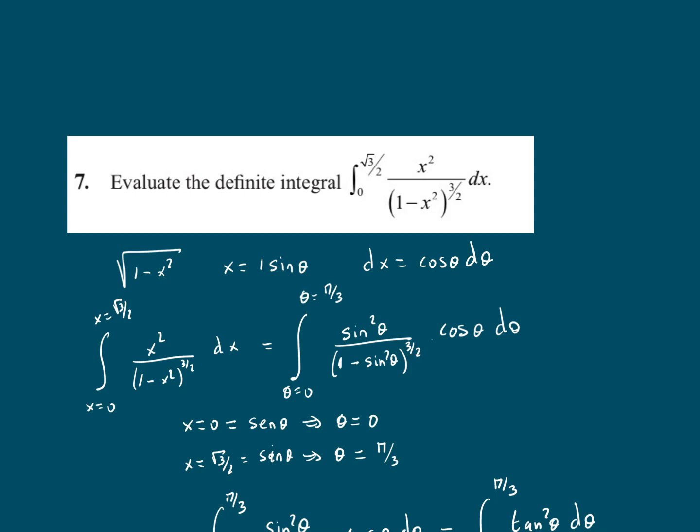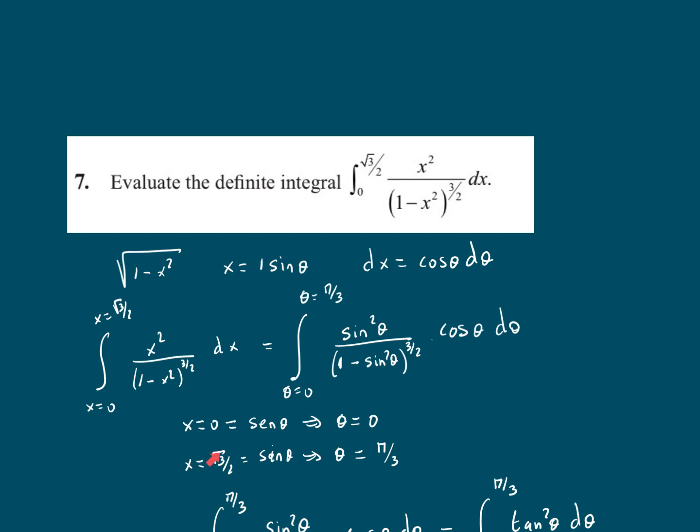So we need now to be sure that we change the limits, since there is a change of variables. Because x equals sine of theta, when x equals 0, the angle whose sine is 0 is theta equals 0.